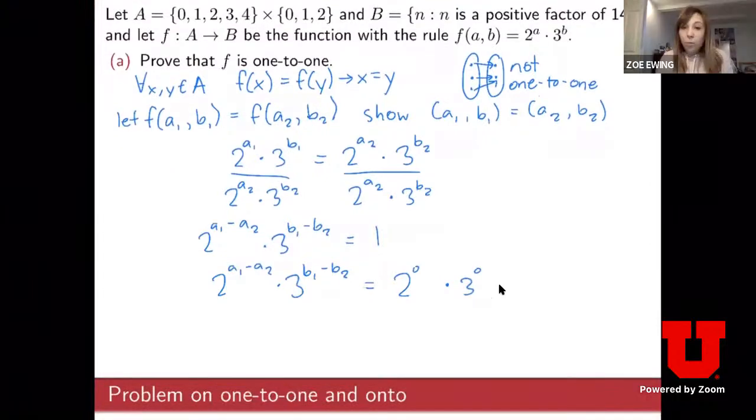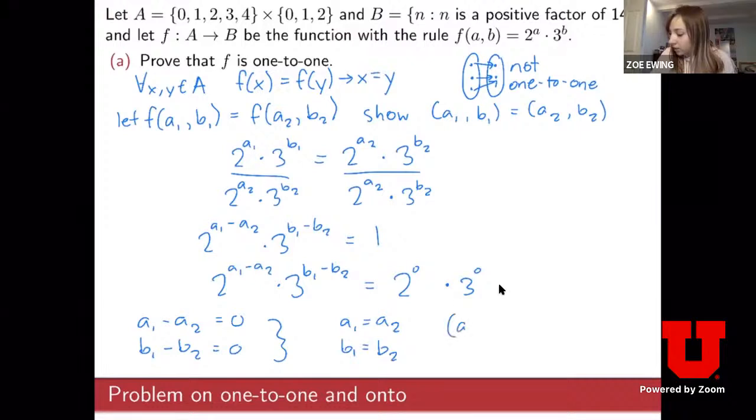All right, and what this tells us is that a1 minus a2 equals 0, and b1 minus b2 equals 0. So we end up getting that a1 equals a2, b1 equals b2, and that means that (a1, b1) equals (a2, b2), which is what we wanted to show from the beginning.